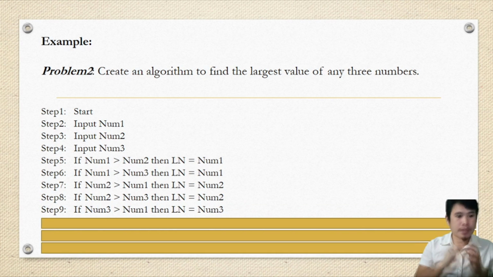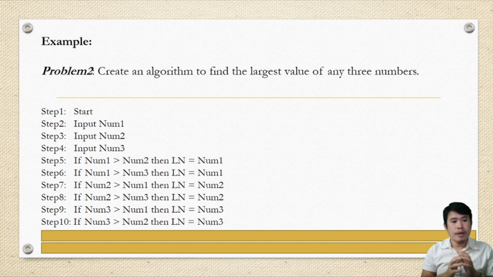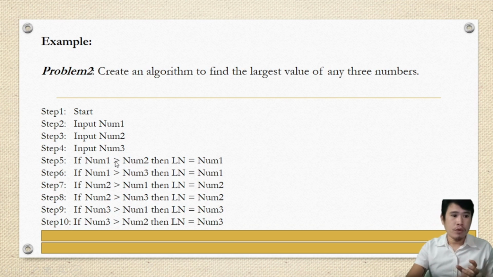If num3 is greater than num1, then largest number is num3. If num3 is greater than num2, then largest number is num3. So, as you can see, I have compared everything. Whatever values you enter for them, it will result in a largest number.